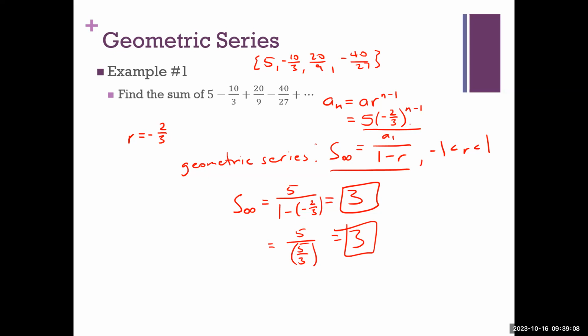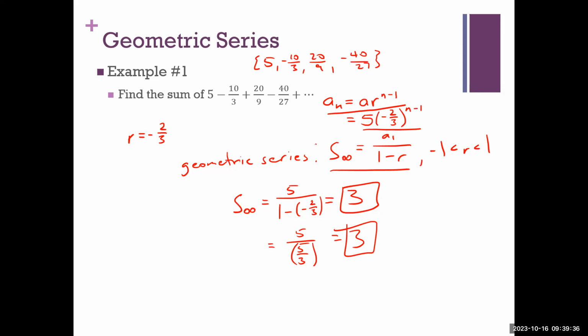Okay. So that common ratio is -2/3, and as n increments, I'm just multiplying. So if you have this template, it has a common ratio raised to some exponent that defines the sequence.